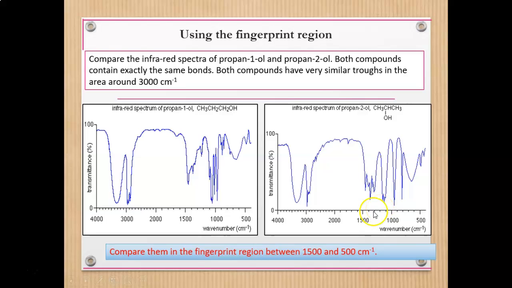It looks like a different region here. Commonly the fingerprint region is the location of the CH, CH3, CH2. So here is where the difference is: the arrangement of the CH bonds is different.